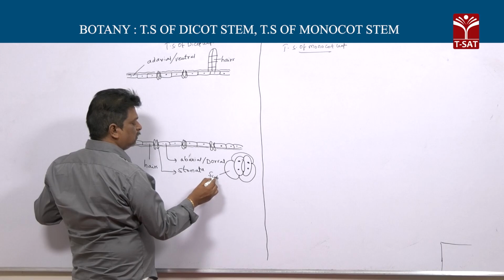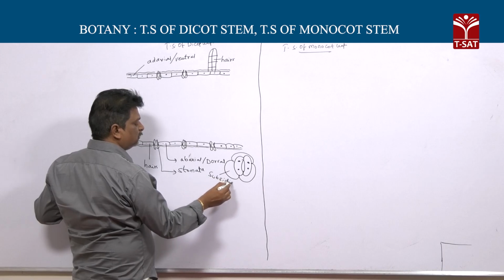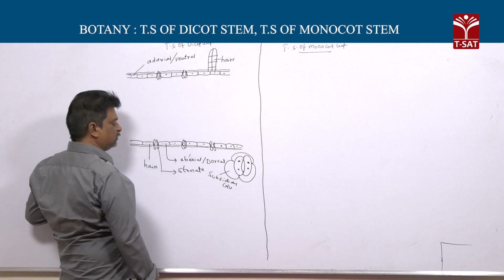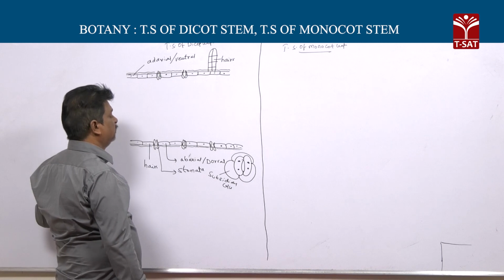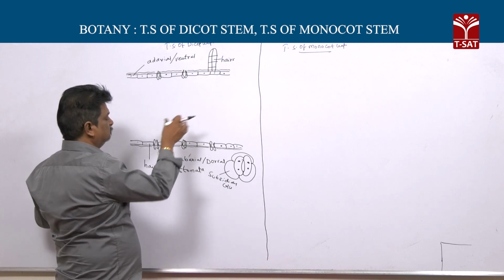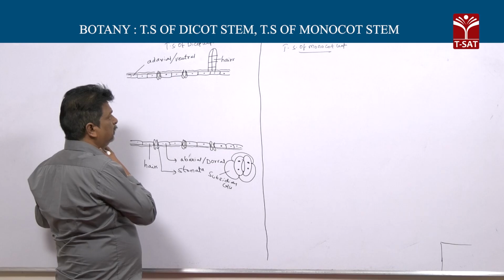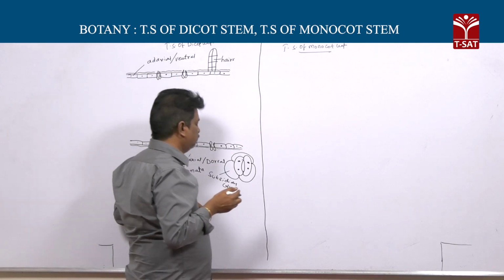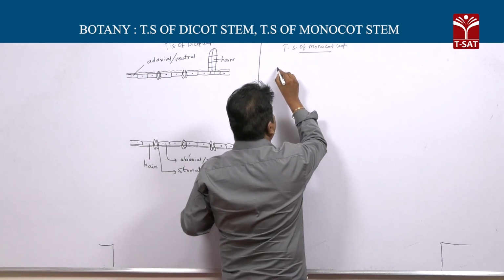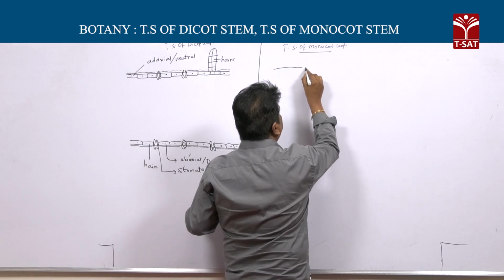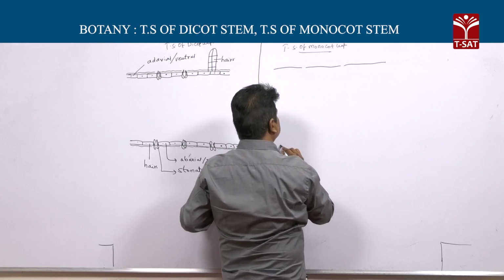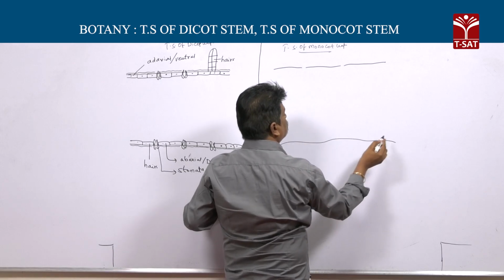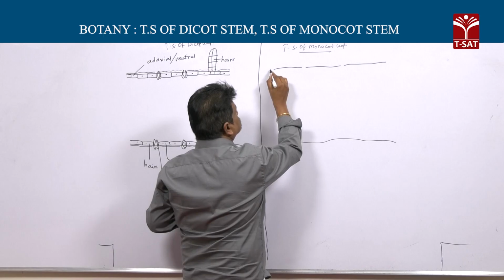Then the guard cells are surrounded by non-green epidermal cells called subsidiary cells. This is the epidermis of dicot leaf. Then the epidermis of monocot leaf.